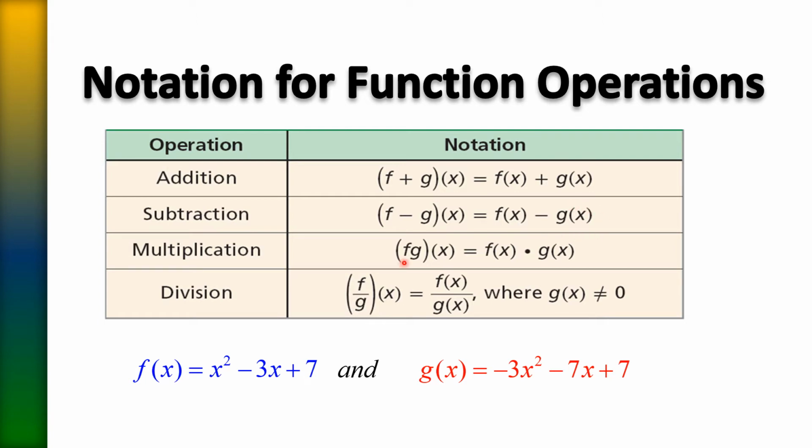If you see f times g of x, meaning you see f and g joined together with nothing in between them, when they're stuck together like that, that indicates you're going to be multiplying the two functions. And if you see one function over the other with a fraction bar, then that means that you're going to be dividing the two functions.